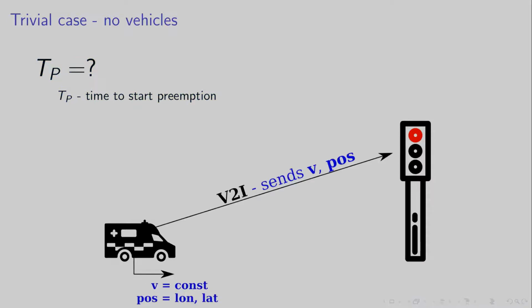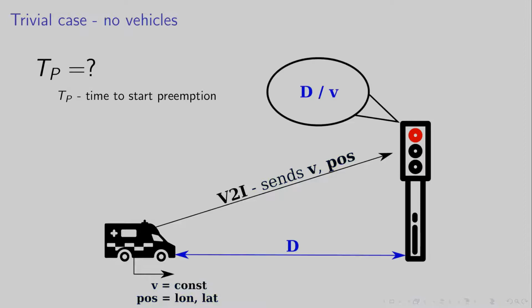The emergency vehicle is periodically sending its position and speed to the controller via vehicle-to-infrastructure communication. From the position, the controller can determine the distance d between the emergency vehicle and the intersection stop line. Because the controller also knows the speed, it can compute the time of arrival.